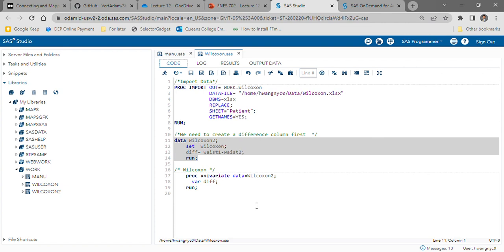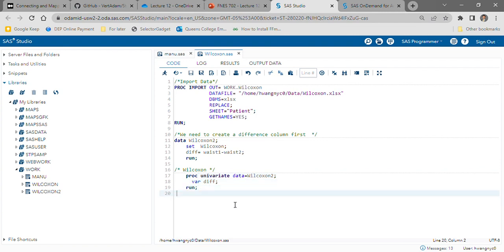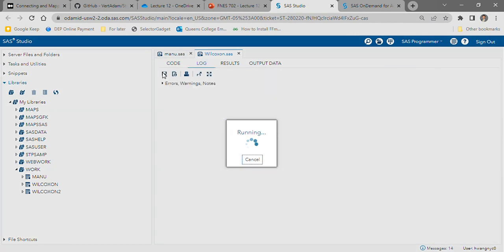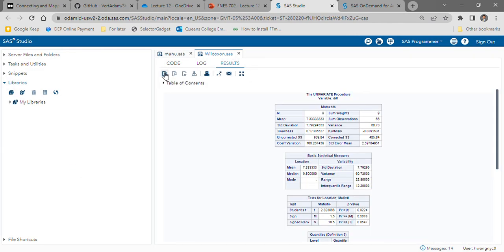Okay, so in order to run the Wilcoxon test, we use the proc univariate data equals Wilcoxon 2, and what we want to run is our diff var, right? The difference between waist 1 and waist 2, which we created in the step before. So let's highlight, let's do running man, and here we are.